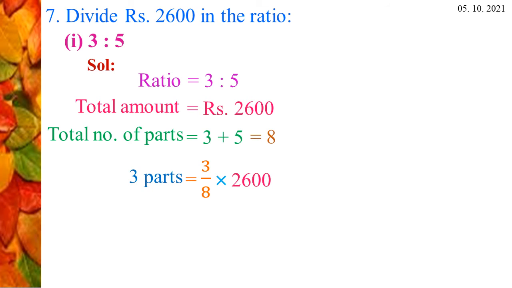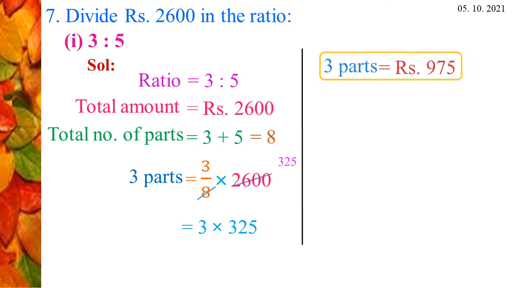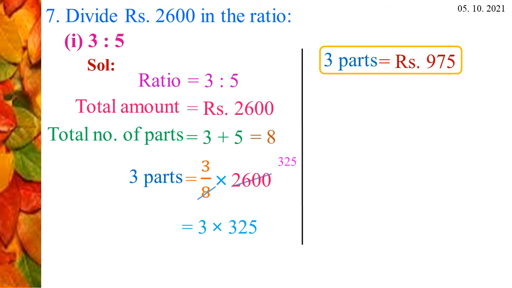Now cancel the common factors. Take 8 table. 1 8s are 8. 325 8s are 2600. So we get 3 into 325. Now multiply the values. We get 975. 3 parts equal to rupees 975.